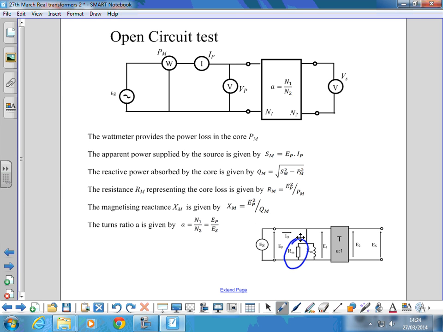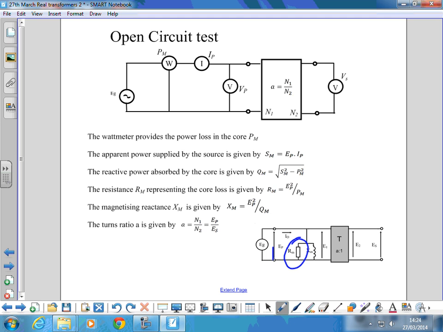And then we can find XM from the voltage here squared divided by the calculated reactive power absorbed in the core. So we've now got values for these two components, and we can get the turns ratio from the primary voltage divided by the secondary voltage.